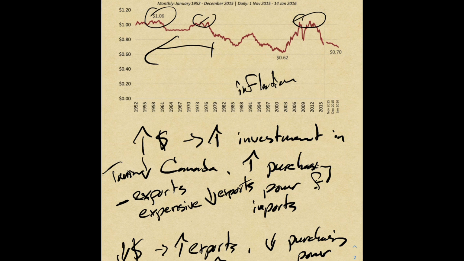Anyway, this is the idea, though, is the idea that exchange rate affects trade, right? So a lower Canadian dollar improves our exports abroad, whereas a higher Canadian dollar improves our importing because our dollar goes farther. Okay, the higher the dollar, the more inflationary pressure is on the economy. And yeah, that pretty much wraps it up for that stuff.